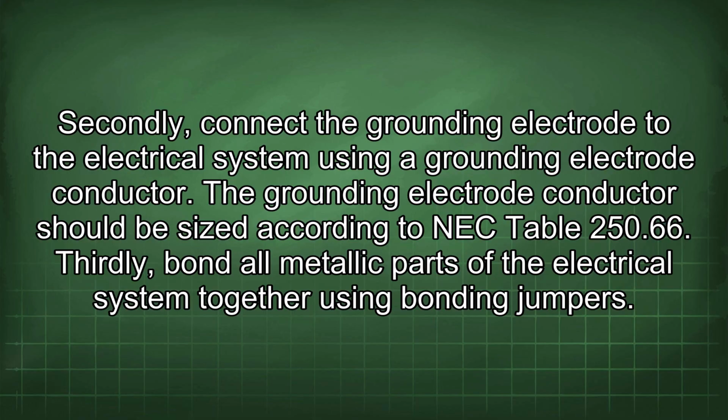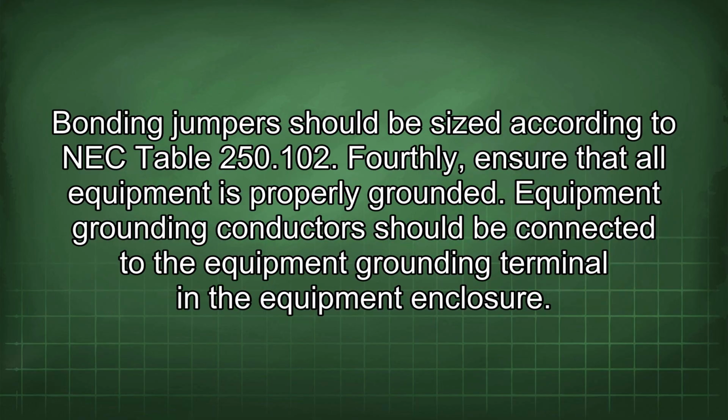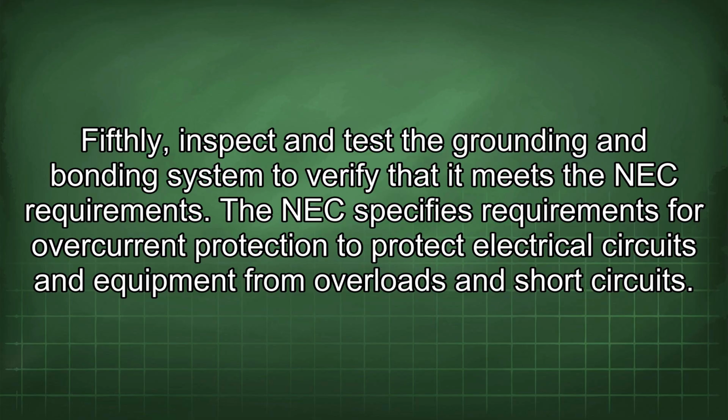Thirdly, bond all metallic parts of the electrical system together using bonding jumpers. Bonding jumpers should be sized according to NEC Table 250.102. Fourthly, ensure that all equipment is properly grounded. Equipment grounding conductors should be connected to the equipment grounding terminal in the equipment enclosure. Fifthly, inspect and test the grounding and bonding system to verify that it meets the NEC requirements.